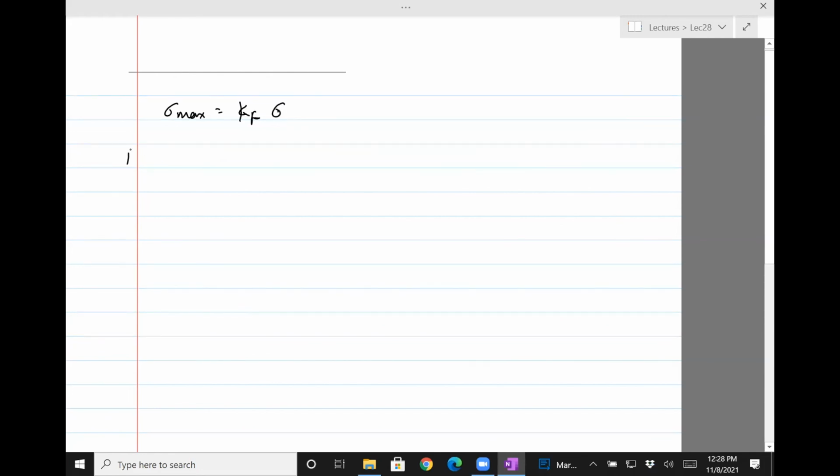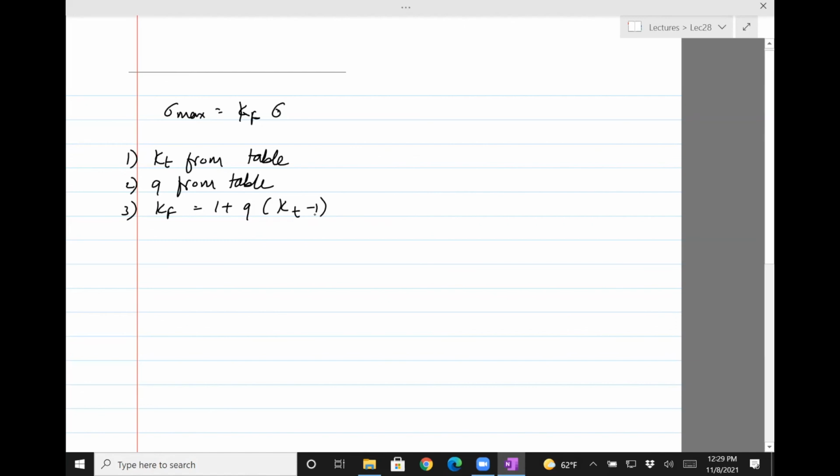The way to find Kf is Kt from table, q from table, and then Kf is 1 plus q, what is the formula? It's 1 plus q times Kt minus 1.